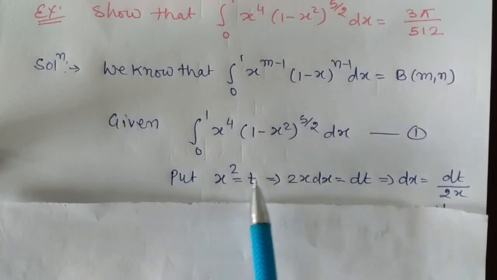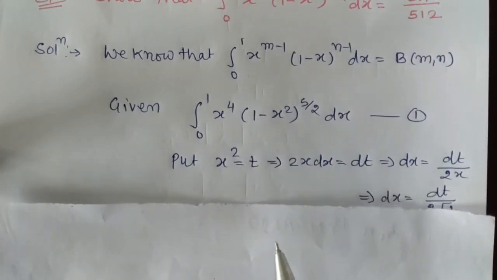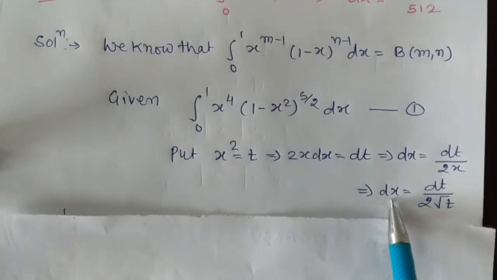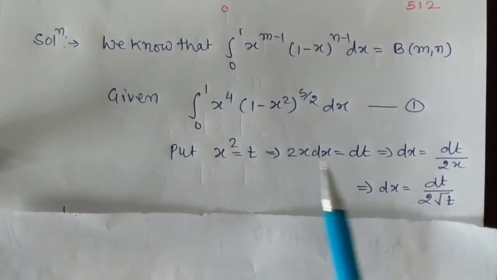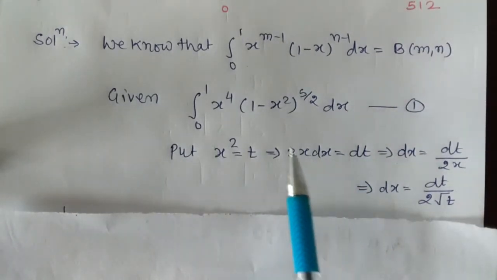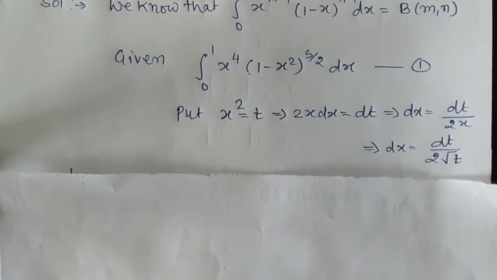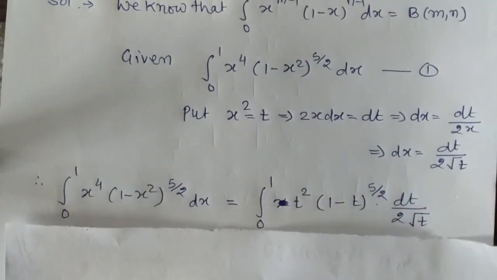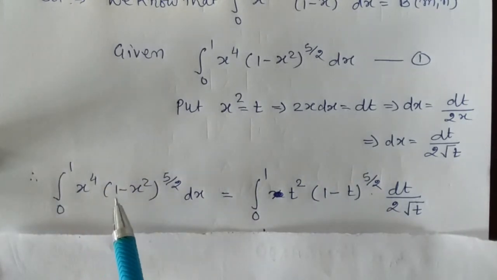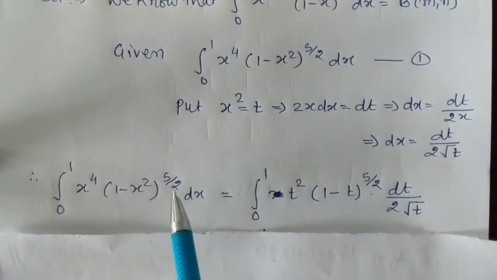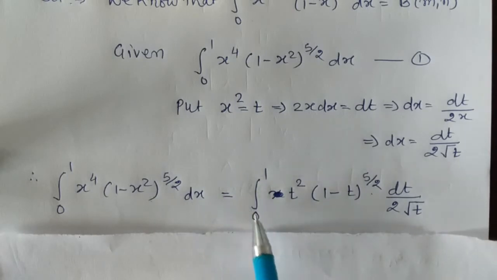Now the value of x is root t, so we get dx equal to dt by 2 root t. Now using this substitution in the given integral, we get the given integral 0 to 1 x power 4 into (1 minus x square) whole power 5 by 2 dx is equal to integral.